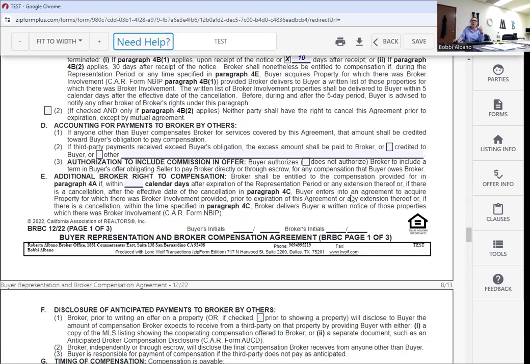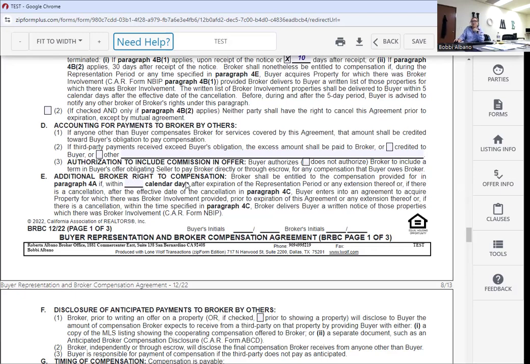So you can say the offer is for 70,000 for this land, plus I want you to pay 10% plus $425 towards the buyer's compensation. So if you check this box and the buyer does not authorize a type of offer like that, then you cannot ask for the buyer's compensation with the offer. So ideally, you would not want to check this box.